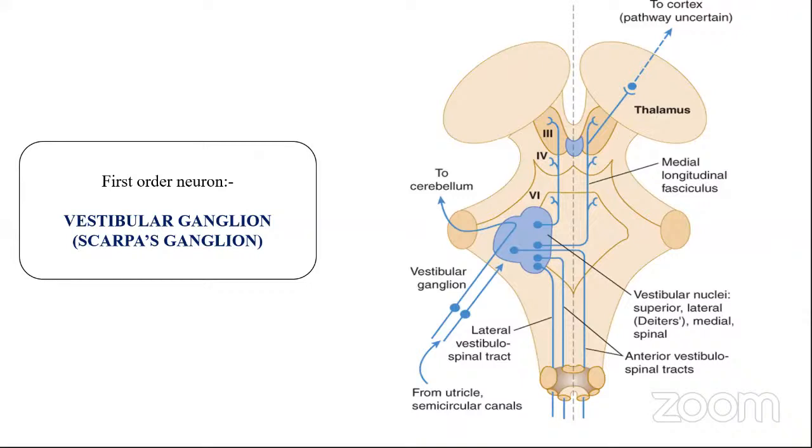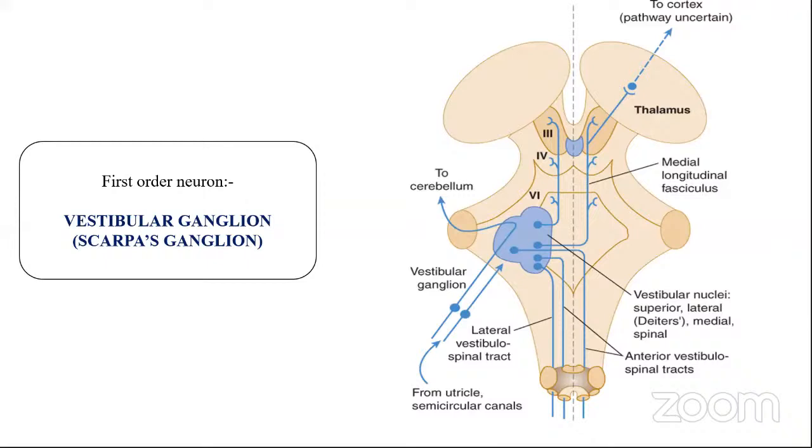These cranial nerves are mainly concerned with eye movements. According to the movement of the head, we have to adjust the eye movements.